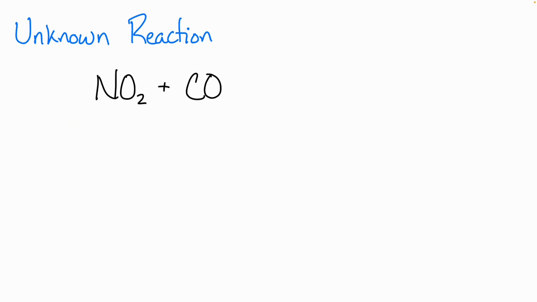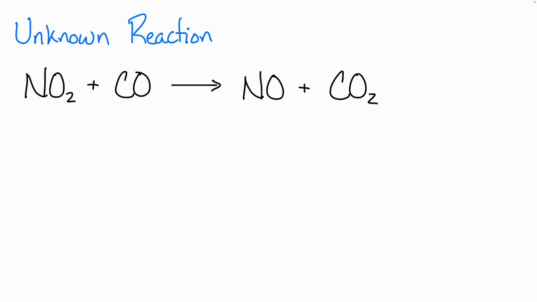They're all gases, all right? But just for the sake of not having too much clutter going on here, we're going to be lazy and omit our states of matter here. All right, and I don't know what the delta H of this reaction is. This is the one that we're trying to study here.